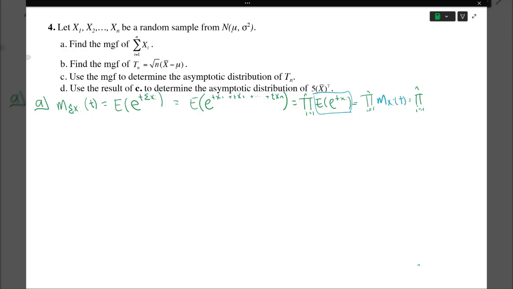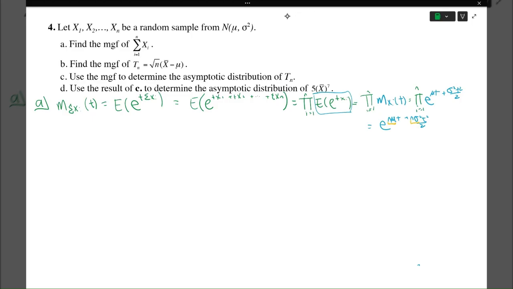It's going to be e to the mu t plus sigma squared t squared over 2. And so we're left with e to the n mu t plus n sigma squared t squared over 2. And our n mu becomes our new mean, n sigma squared becomes our new variance.